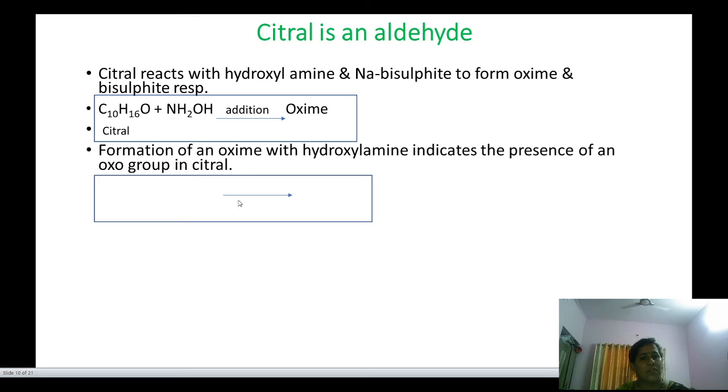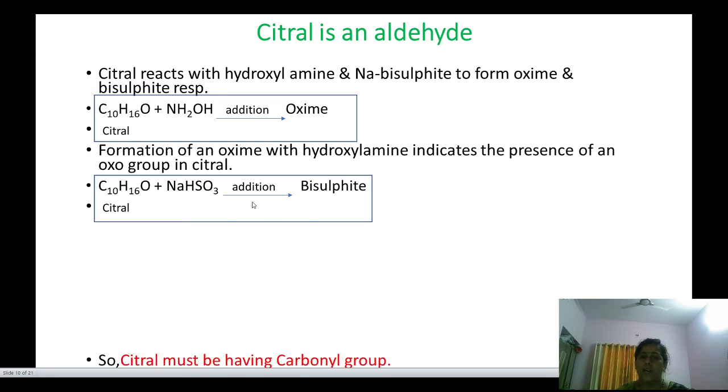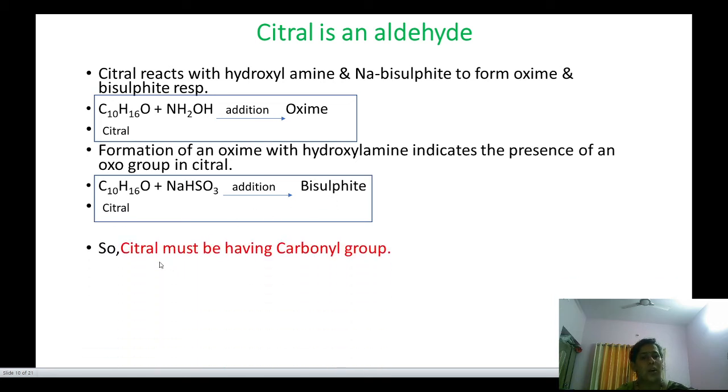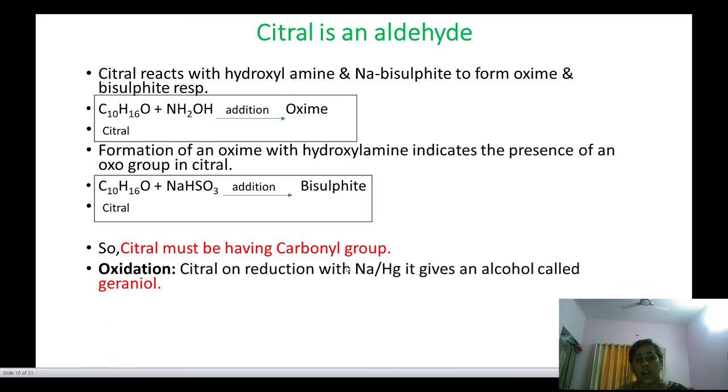Now the formation of an oxime with hydroxylamine indicates the presence of an oxo group in citral. Next reaction is of citral with sodium bisulfite. This is also an addition reaction. There is formation of a bisulfite compound. So we have to conclude that citral must have the carbonyl group, that is C double bond O.